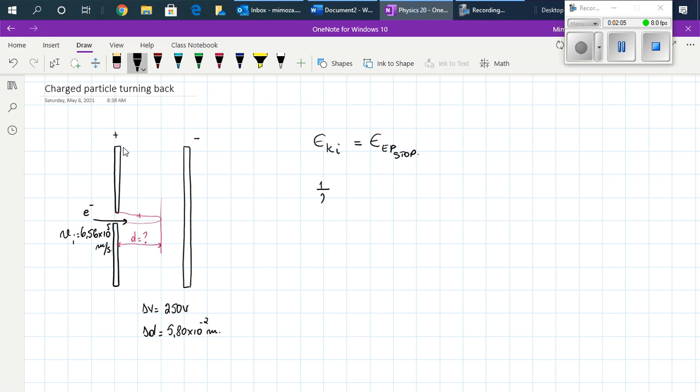So this is the same as saying 1/2 times the mass of the electron times the initial velocity of the electron to the power of 2 is equal to the change of voltage where it stops. What is this delta V here? Why are we doing it between the negative charge and where it stops?